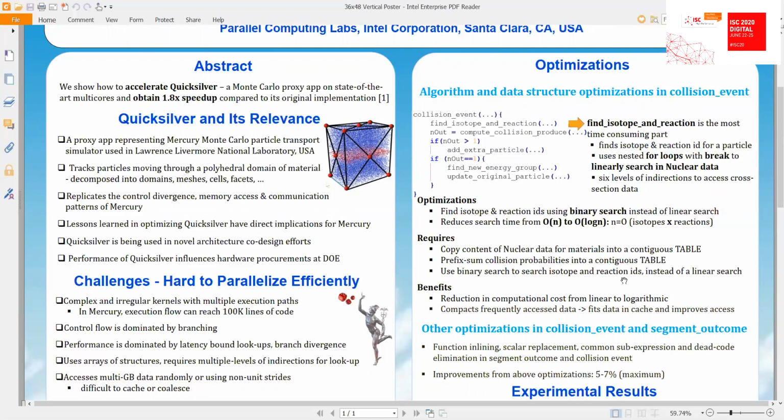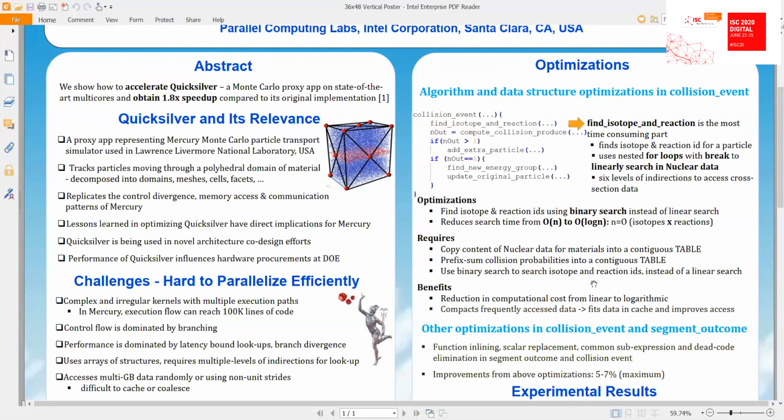We optimized this section by replacing a linear search with a binary search, which reduces the search time from order n to order log n, where n is the number of isotopes times the number of reactions. For this, we copied the content of the nuclear data into a contiguous table in a preprocessing step. Then we stored a prefix sum of the collision probabilities into another contiguous table.